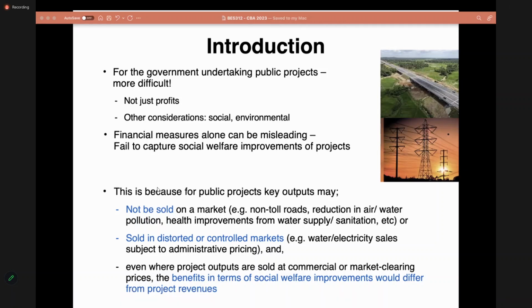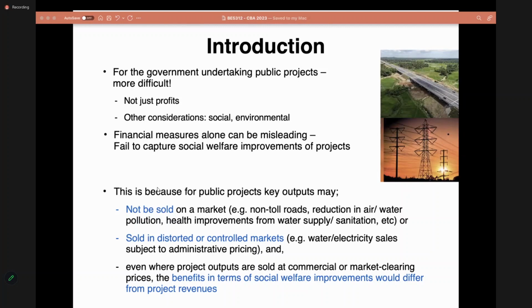And the other thing is, it's quite difficult to appraise many of these public projects financially. So, for example, think about a normal road project, not a toll road, a normal road that we use every day. We don't really pay the government a particular toll or anything to use that road.